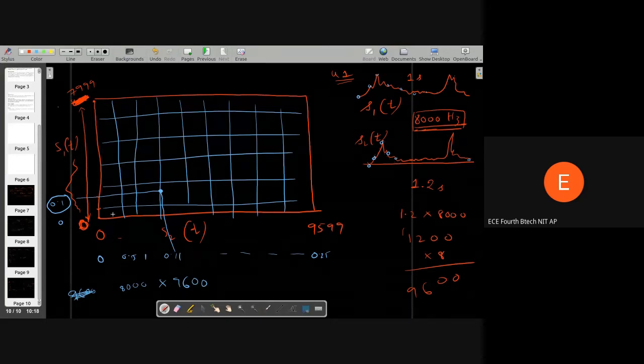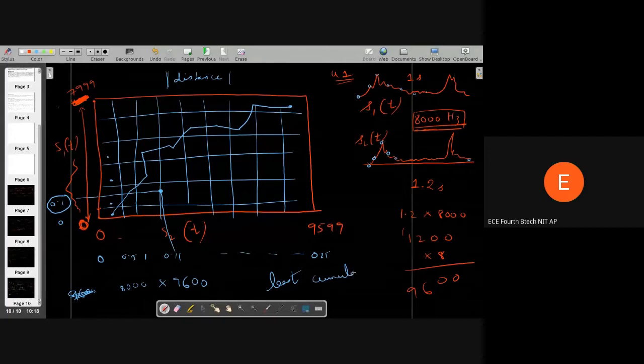Each cell of this matrix will represent a certain distance, a certain metric. Our goal will be to find a path of least resistance, the path which gives the least cumulative distance, so we can find a one-to-one correspondence.